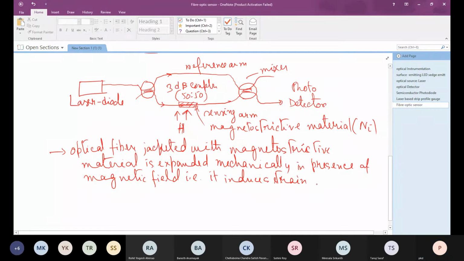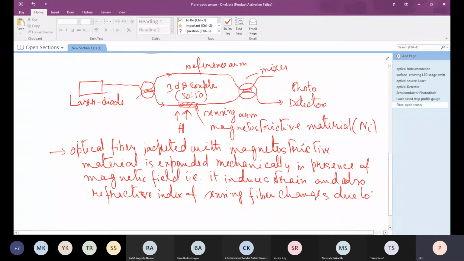And also the refractive index of the sensing fiber changes due to induced stress and strain.